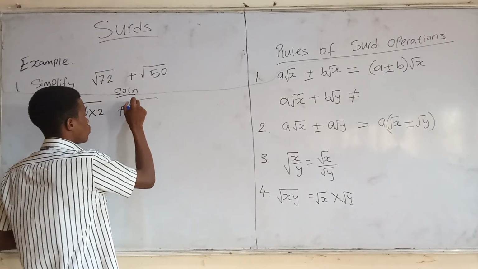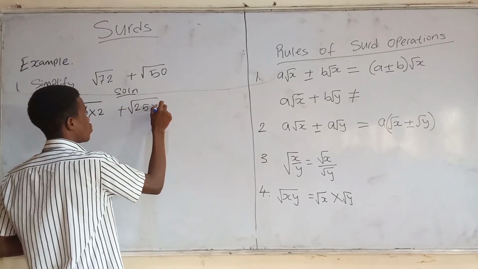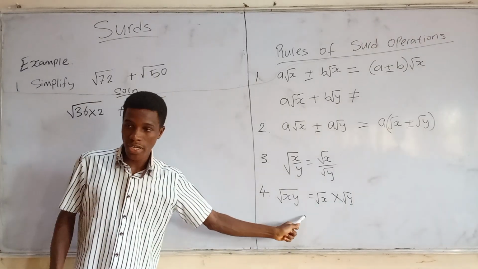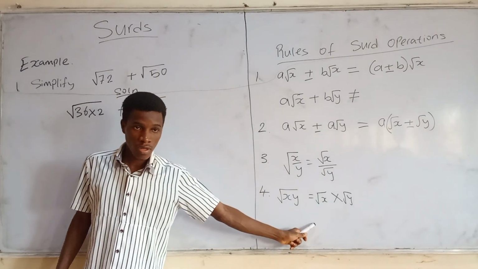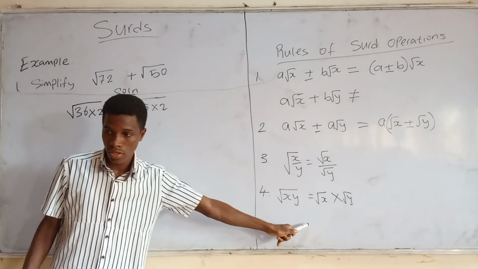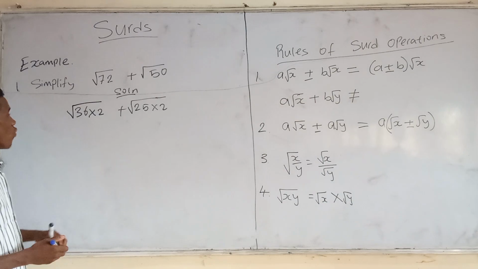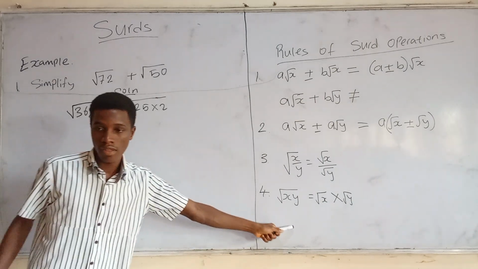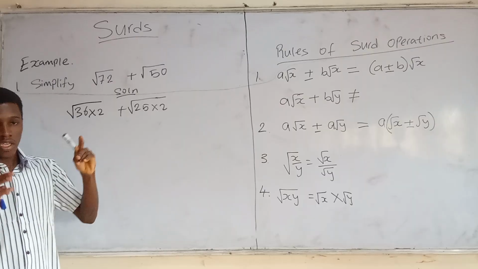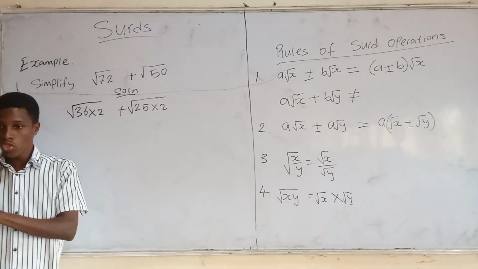Plus 25 times 2. You see that you have achieved this using this first rule. You have written this surd as this product, right? So you go further. What does this rule say? When you have two numbers multiplying each other inside a surd, it can be written as separate surds multiplying each other.